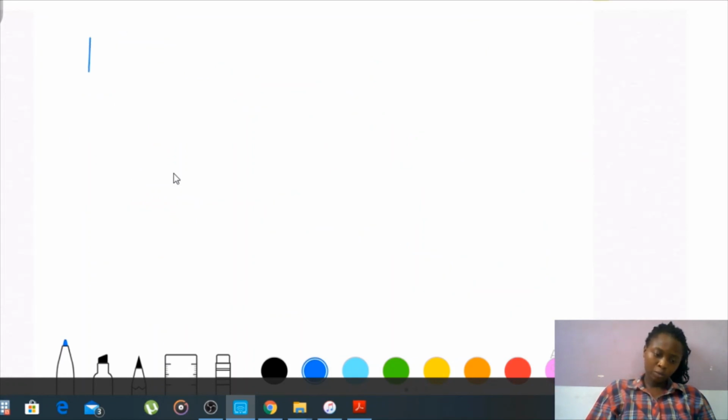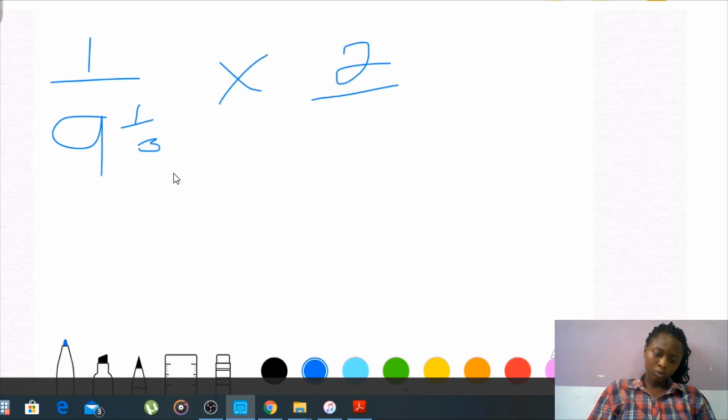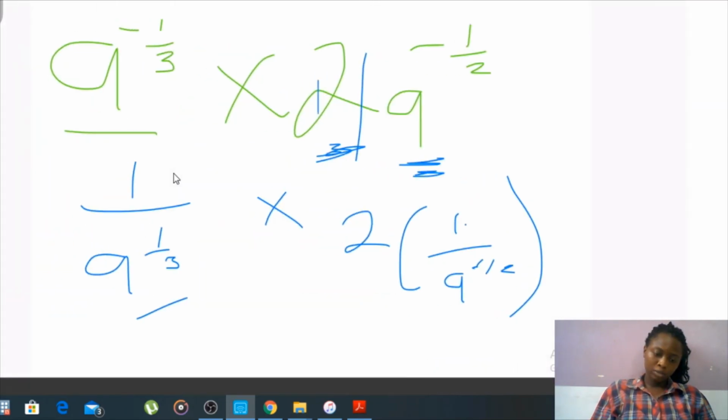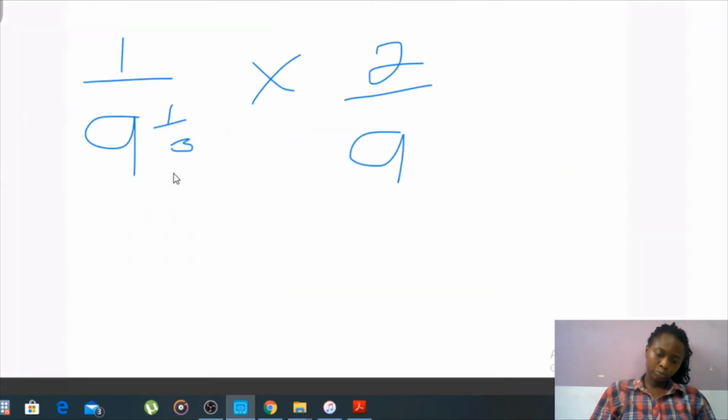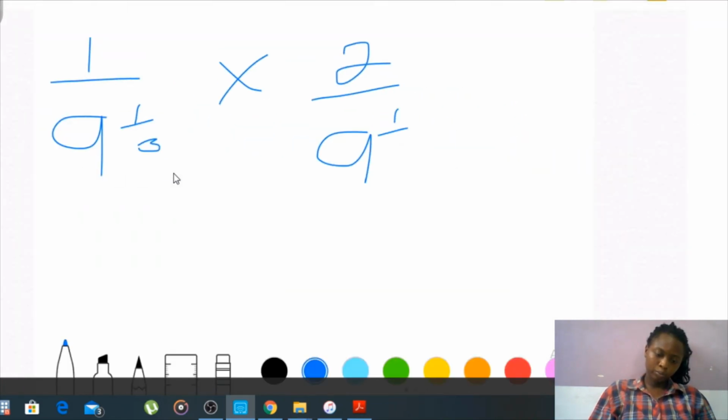So we have 1 over a raised to the power 1 over 3 times 2 over a raised to the power 1 over 2. So now this is what we have.